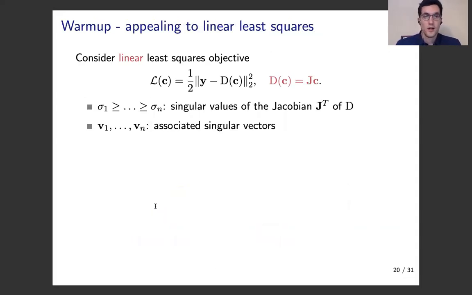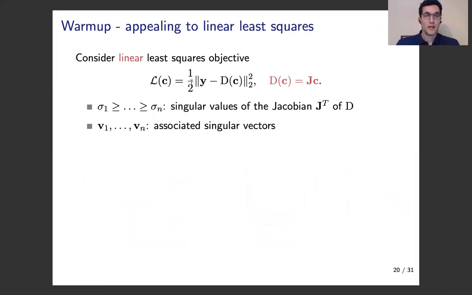Okay, so suppose we just have a linear deep decoder. And in this case, linear means it's some matrix J times a vector C. We call this matrix J because it is a Jacobian of this generator.